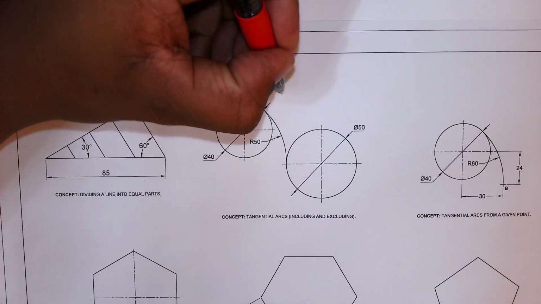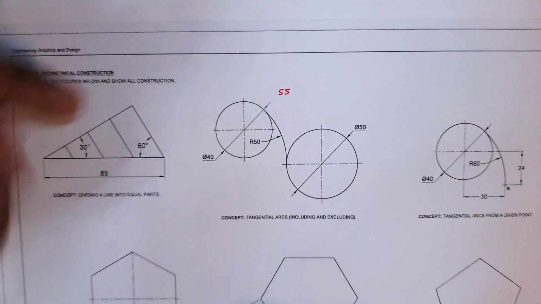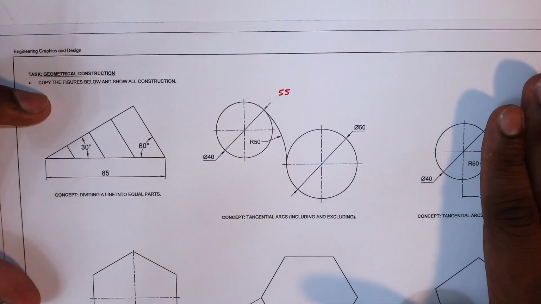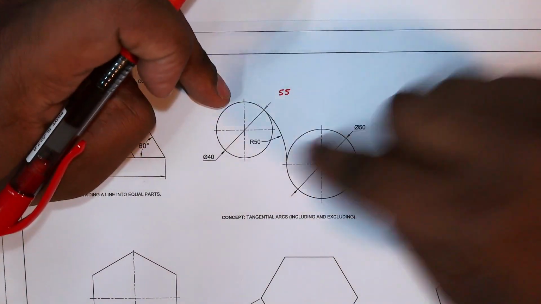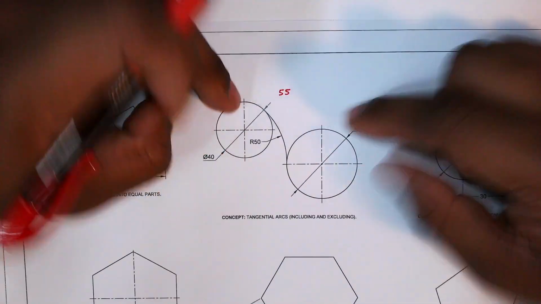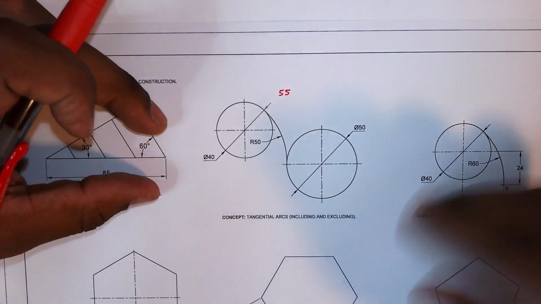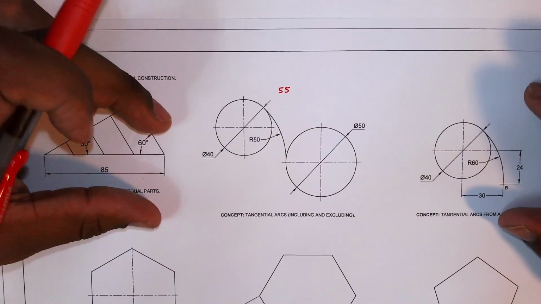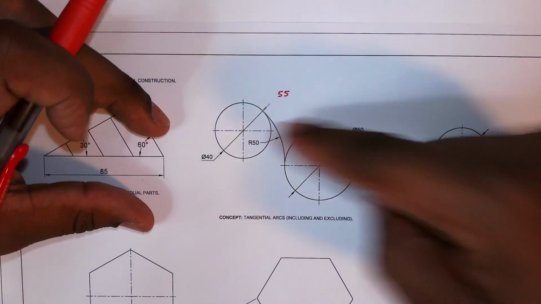I've attached the PDF document of this page, the updated one. There are also measurements for this part, and the length from this center line to that center line. You can go to the description below and download the PDF document. It consists of the measurements.